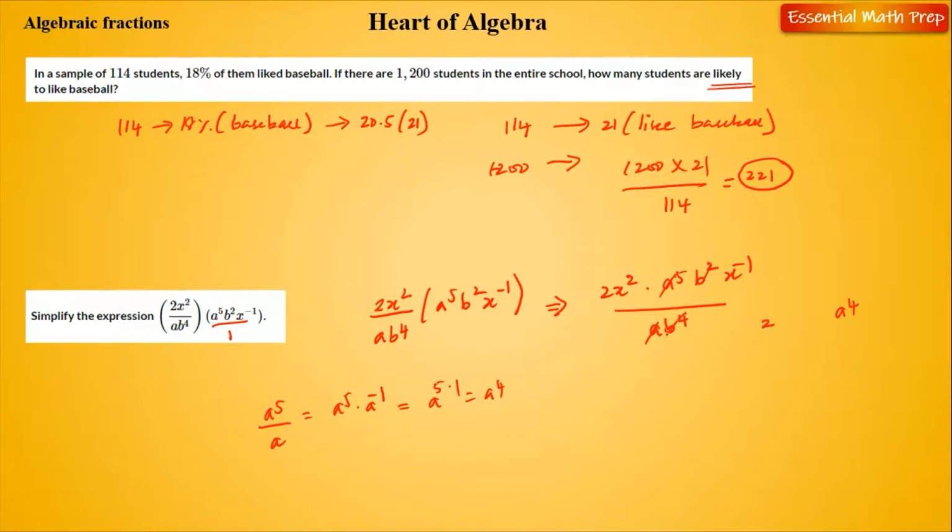Similarly, b squared over b to the power 4 will be, well, you know how to do that, right? It's b to the 2 times b to the negative 4, b to the negative 2. Okay, you can either write it in the numerator. For now, let's do that. Or you can write it in the denominator, which I'll also show you. Similarly, x squared times x to the minus 1 would be x to the power 1, right? Because x squared times x to the power minus 1 would be x to the power plus 1.